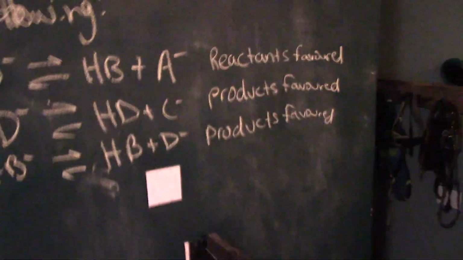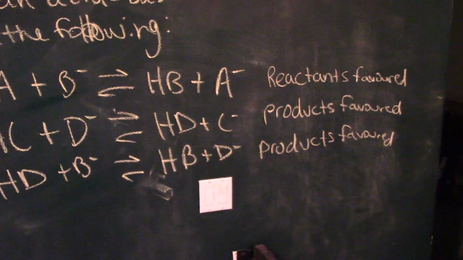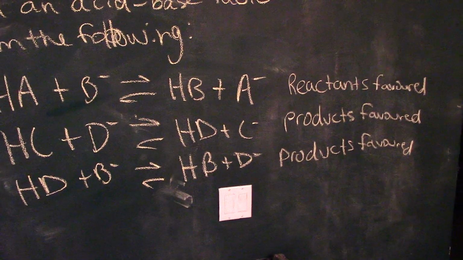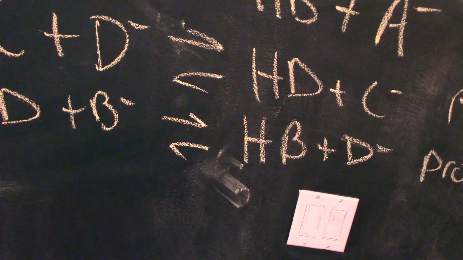So this is very similar to a redox table. Now remember, when reactants are favored, you have base over acid. And when products are favored, you have acid over base. So we're going to make an acid-base table here. So for this one, I have B negative over HA.